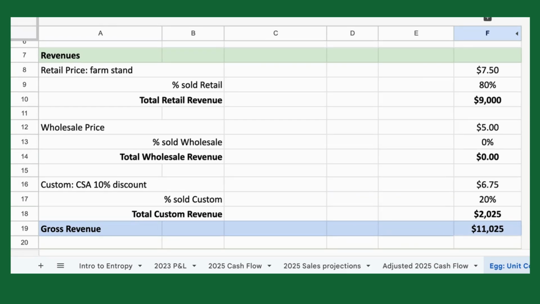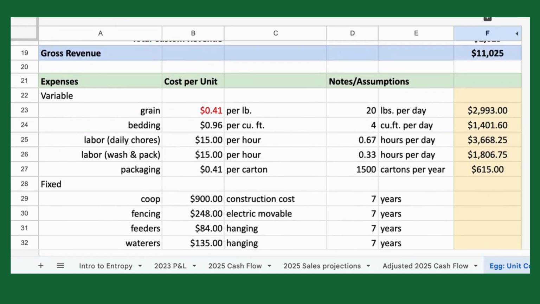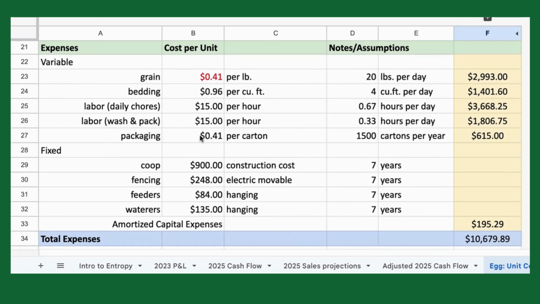For their expenses, their variable costs include grain, bedding, labor, packaging, and then the fixed costs that are directly associated with the egg operation include the infrastructure like the portable coop, fencing, feeders, and waterers. And these fixed costs are added together and amortized, that is, spread out over 7 years.